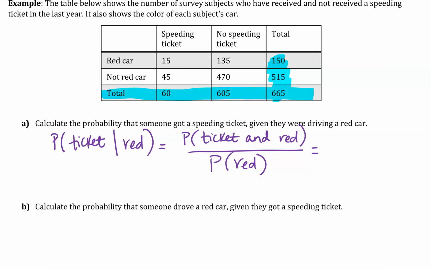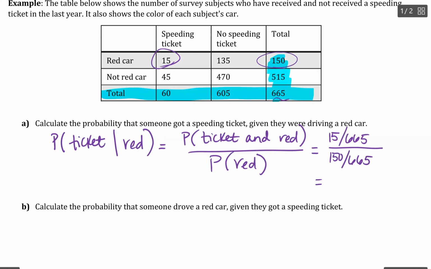From our table, speeding ticket and red car is 15, and this is out of the total of 665. Then for the probability of red car, everyone that's got a red car goes over to the total: 150 out of 665.